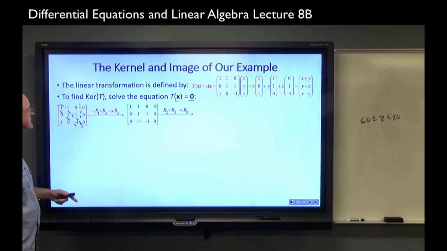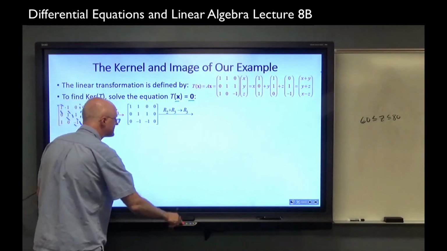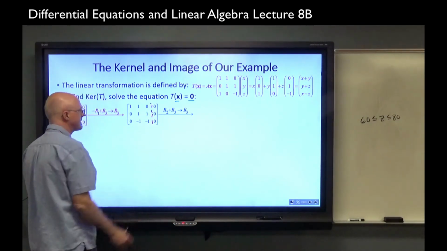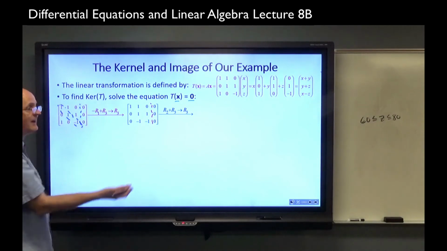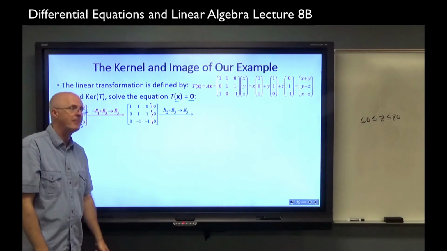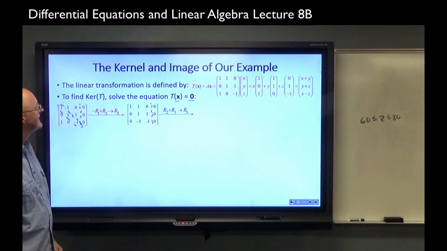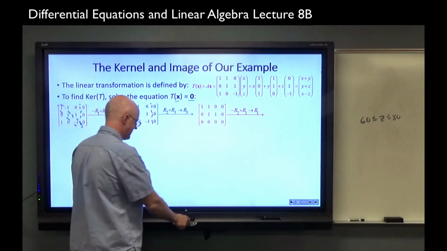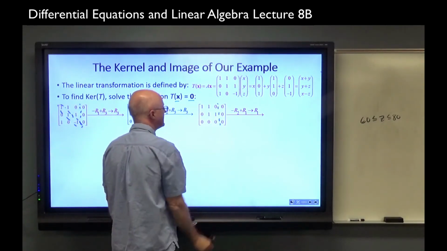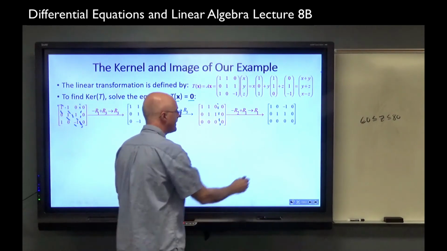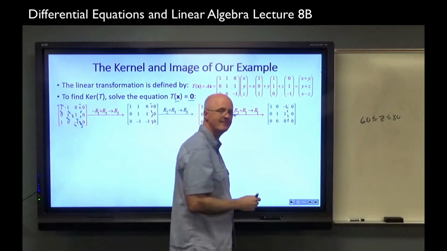Same row operations as before, same things happen to the part to the left of the dashed line. The part to the right of the dashed line stays 0 the whole time. And I get into reduced echelon form like this.